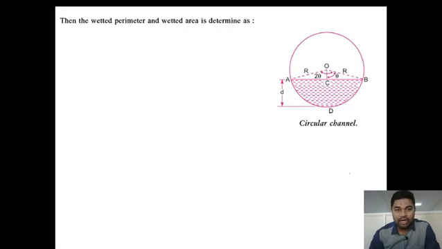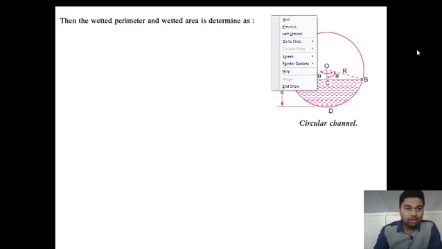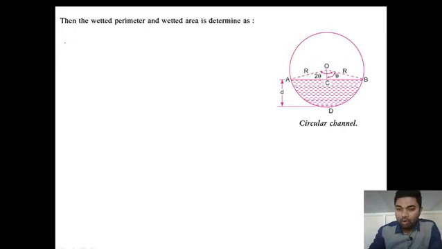Now let us calculate the wetted perimeter and wetted area of the circular channel. When we talk about wetted perimeter, which is denoted by P, what is the circumference of the circle? 2 pi r is the circumference of the circle.